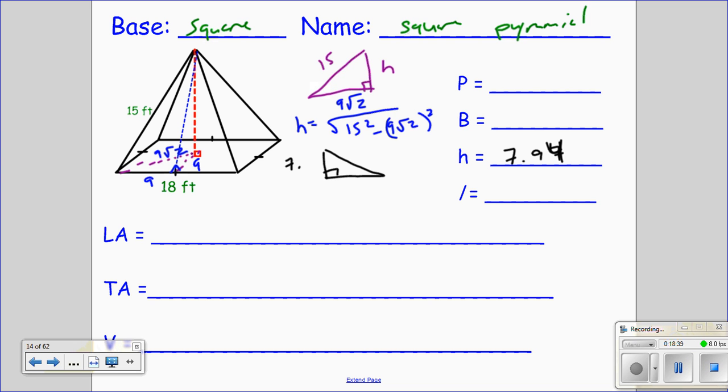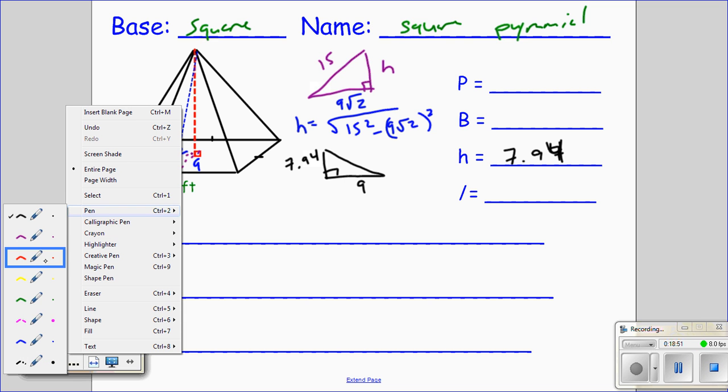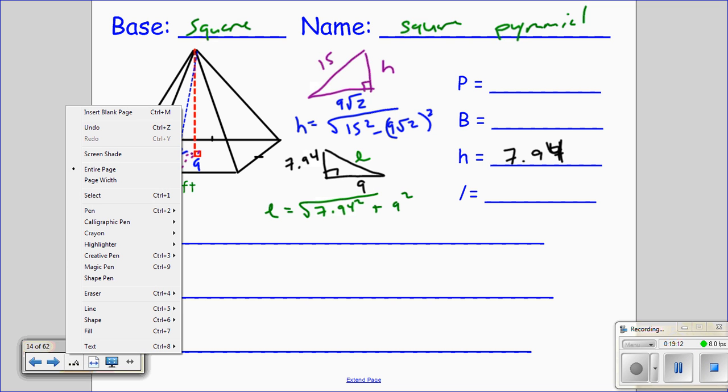Now that I have my 3D height, I would use that, which is the red line. So it's right here, 7.94. Half of my side, so that's 9, will go at the bottom here. And then the C portion of the second triangle represents the slant height. So my slant height will be found by taking A squared, 7.94, plus B squared, 9, and now I can calculate it.